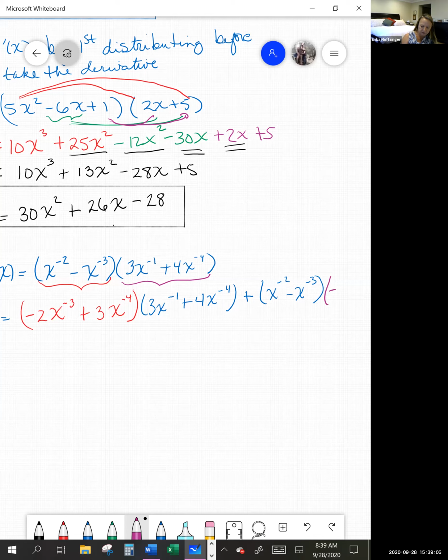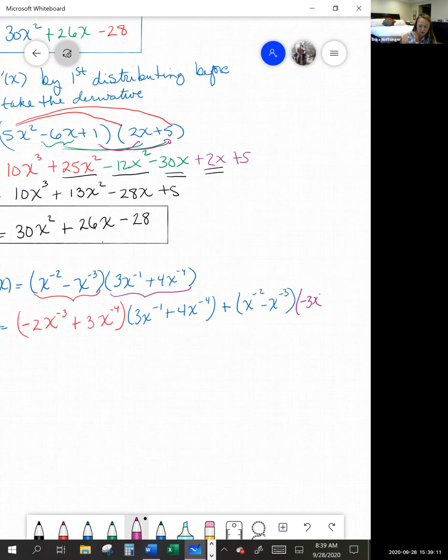So that's negative 3x. Subtract 1 from our exponent, negative 1 minus 1 is negative 2. Derivative of the next term in the second parentheses, bring our negative 4 down front, times that coefficient of 4. So negative 4 times 4, so minus 16x, and subtract 1 from the exponent of negative 4, we get negative 5.